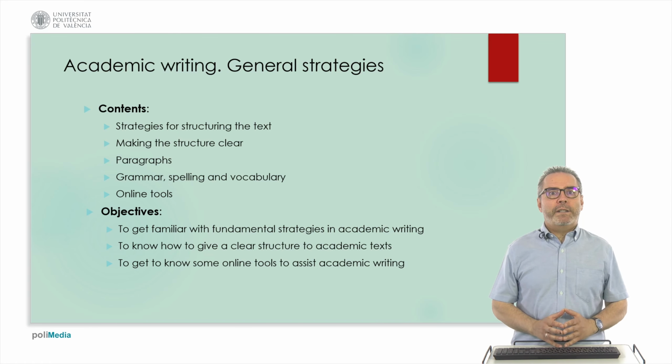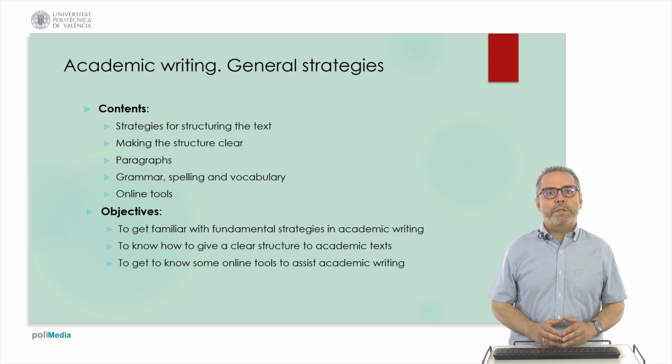The contents are as follows. We will see some strategies for structuring the text and to make the structure clear. We will have a look at paragraphs, the building blocks of the structure of the text, and some strategies regarding grammar, spelling and vocabulary, which is very important in academic writing.